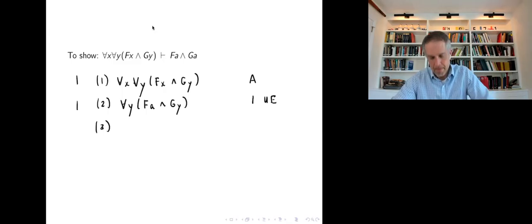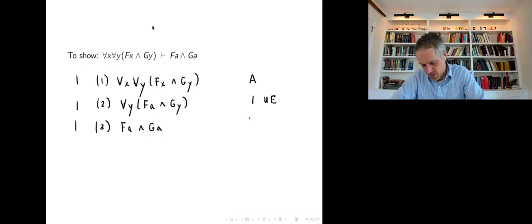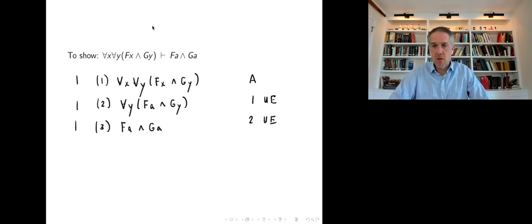And then now I'm going to take off the y, but this time, unlike last time, I'm going to put in a for y. So Fa and Ga from 2, universal elimination. Okay, so again, a reminder that universal elimination doesn't tell you what name to put in. You can put in whatever name you want, whatever name will be useful to you.